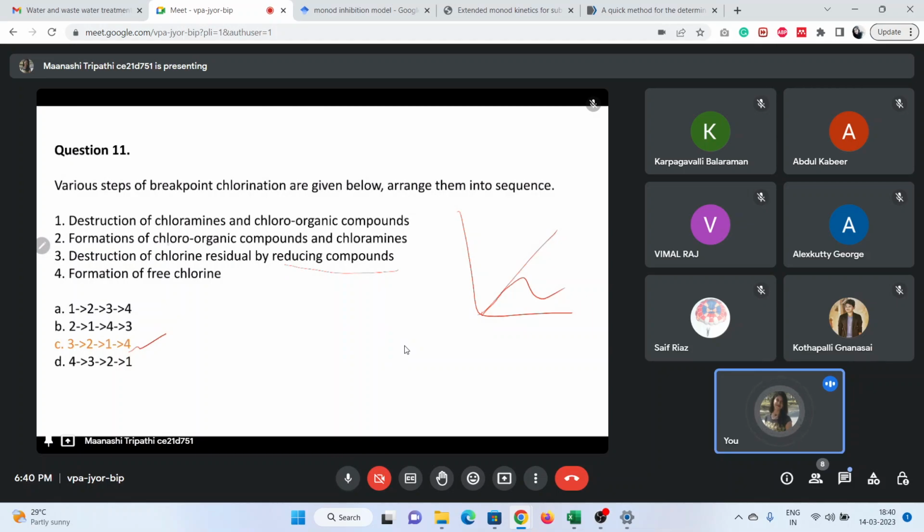Next is formation of chloroorganic compounds and chloramines. We have seen how chloramines are formed. Then destruction of chloramines and chloroorganic compounds. Whatever was formed here will get destroyed here. The fourth step is formation of free chlorine residual. After some time, whatever we are giving will appear as such.